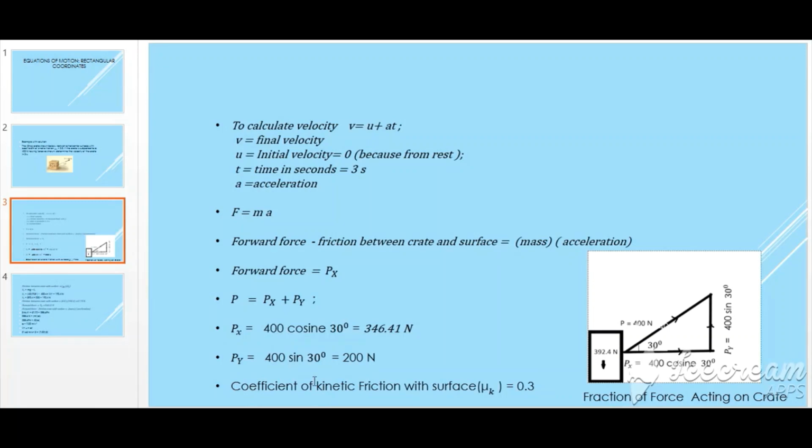The coefficient of kinetic friction is 0.3. So what we found here is that the forward force is Px, and next we're going to find out what this friction force is.